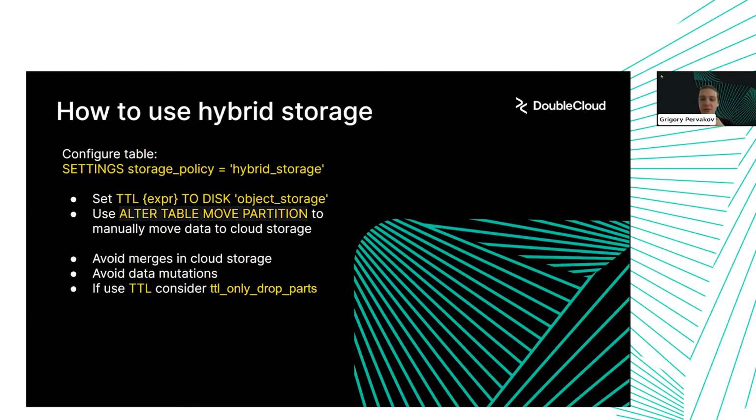Here are also some tips on how to use it and what we should think about during usage of cloud storage. We need to think about merges, because merges in cloud storage work much slower. ClickHouse needs to download all the parts to local storage from the remote storage, merge them and upload again.